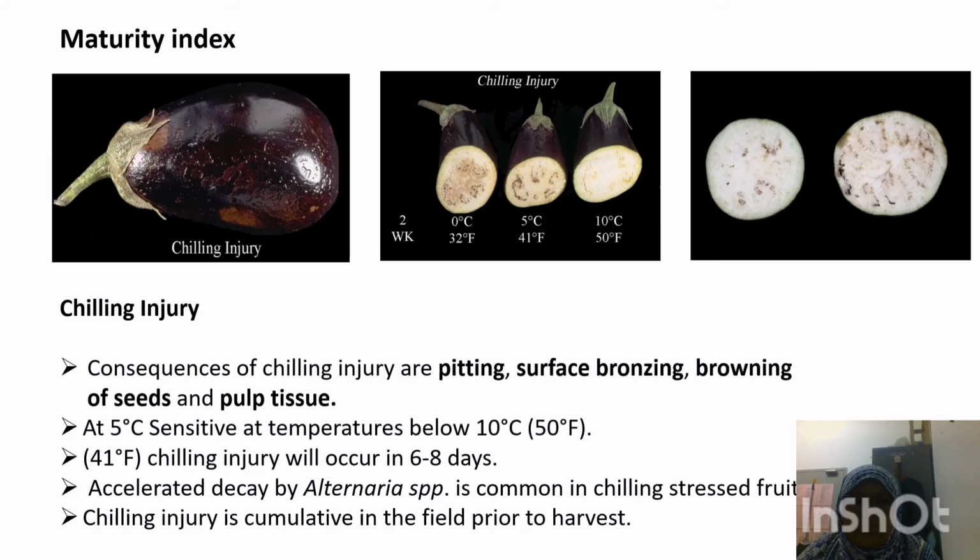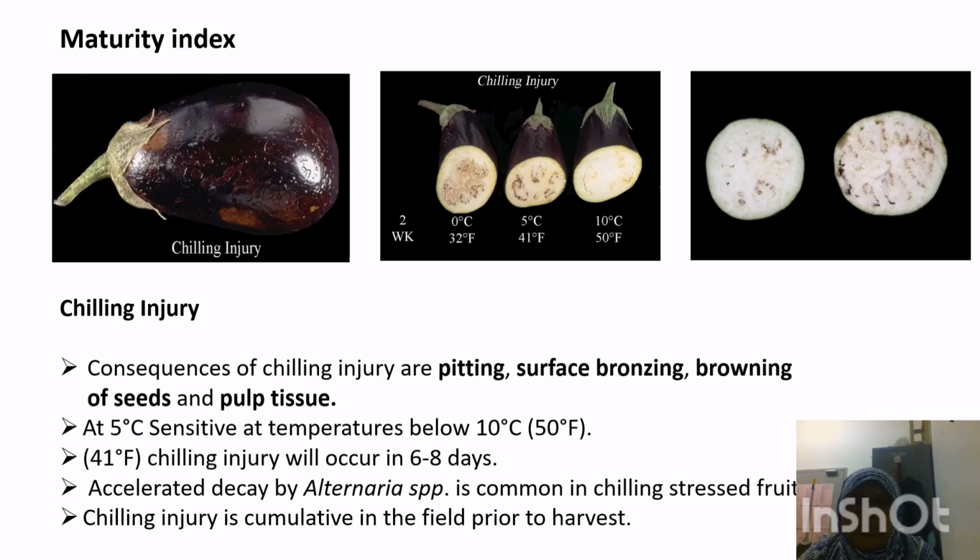Maturity index. A consequence of aged plants is chilling injury, for example pitting, surface bruising, and browning of seed and plant tissue. It occurs at 5 degrees Celsius, and the fruit is sensitive at temperatures below 10 degrees Celsius.